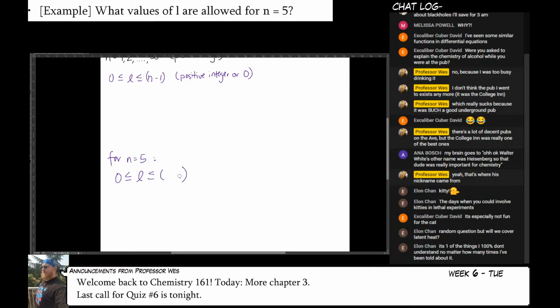Well, n minus 1 would be 4. So the possible values of L for n equals 5 are L equals 0, 1, 2, 3, and 4.